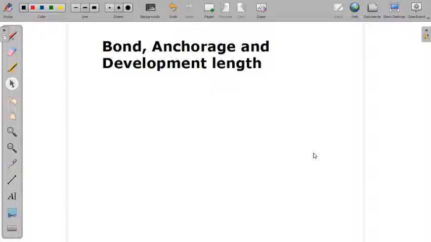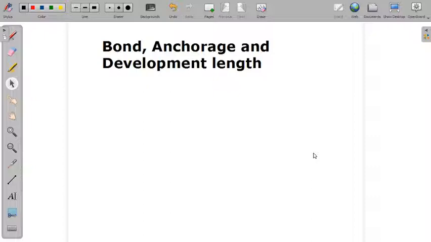That stress is basically called the bond stress. Okay, the code book has given the limiting values of bond stress for different grades of concrete.